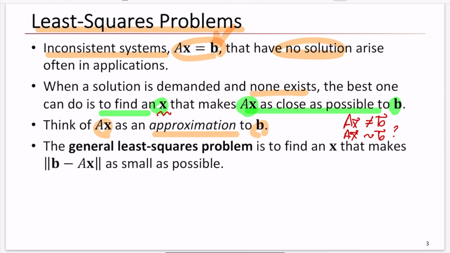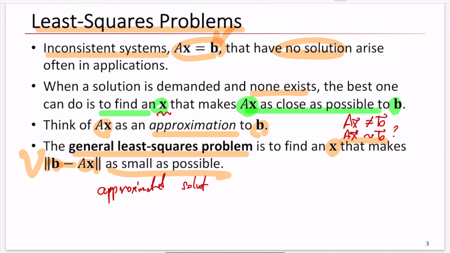Then, in this case, the general least squares problem is to find the x that makes the length of b minus Ax as small as possible. This is the least squares problem. In this case, the vector x that satisfies this constraint can be the approximated solution for the inconsistent system, the approximated solution for Ax equals b. That's the topic of this section.